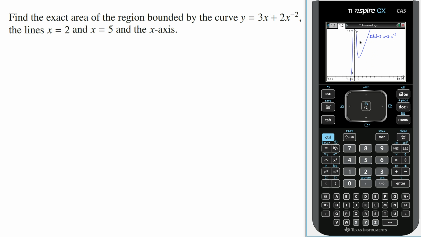Looking at the graph, for the interval where x is equal to 2 and x is equal to 5, we can see that the graph of the function is above the x-axis.